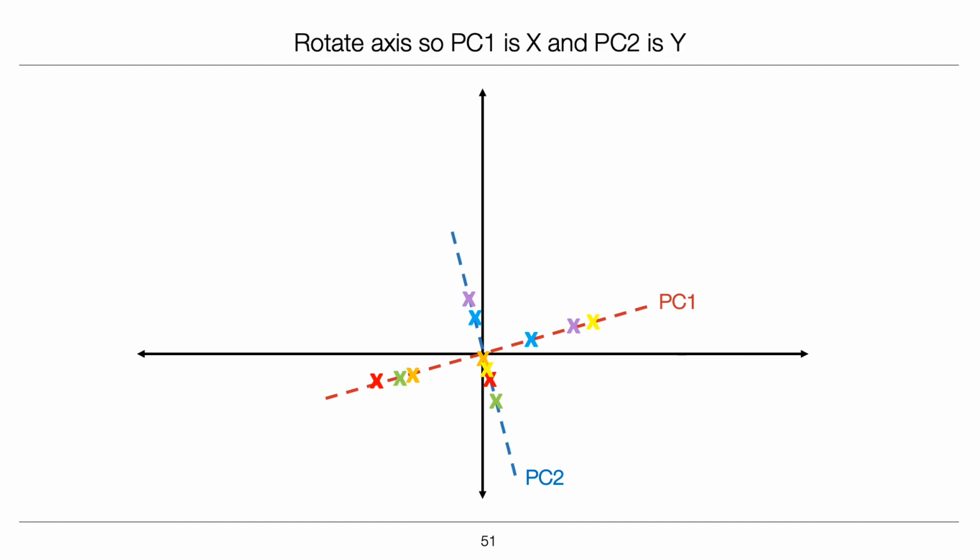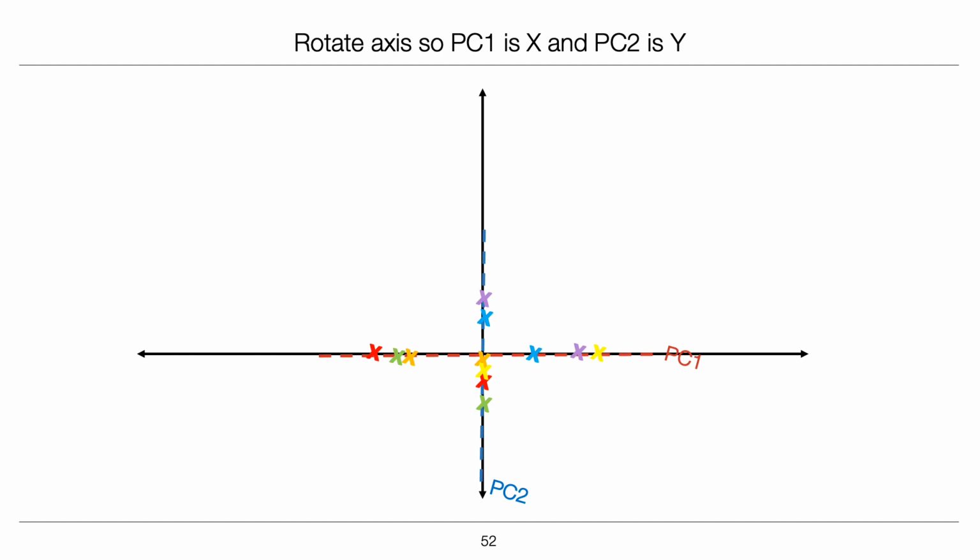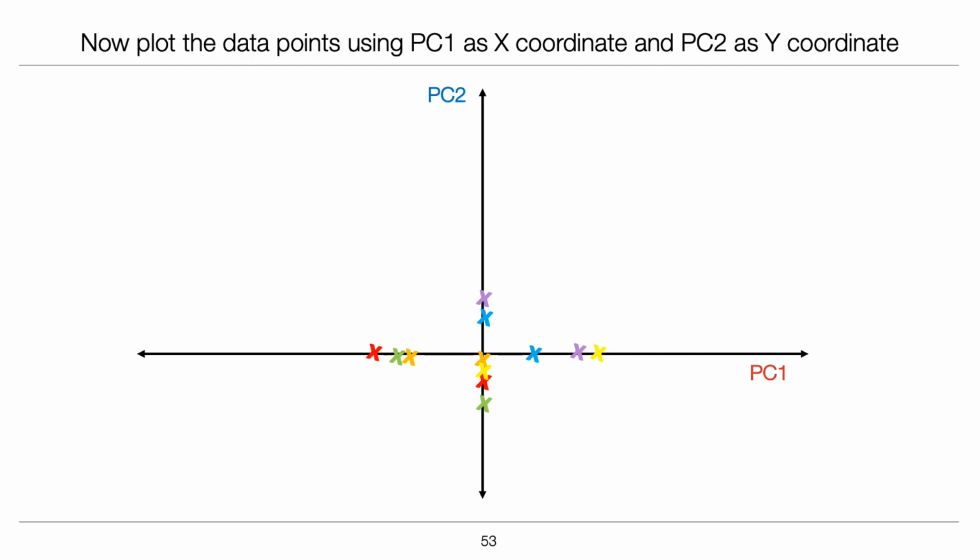Now we are going to rotate our coordinate system such that principal component 1 becomes the new x-axis and the principal component 2 becomes the new y-axis. Once we have a new coordinate system, now we can put back our 6 data points one by one according to their coordinates in the new system.